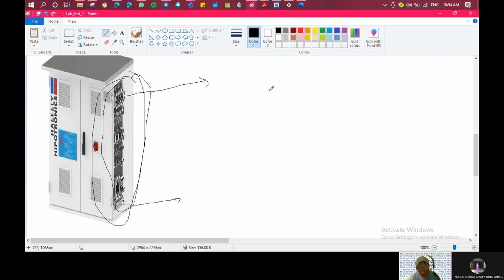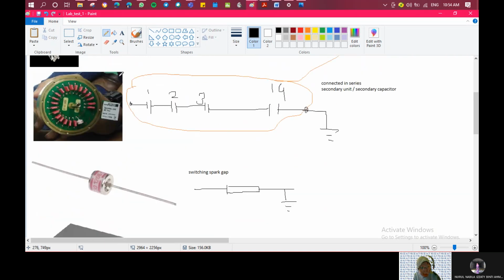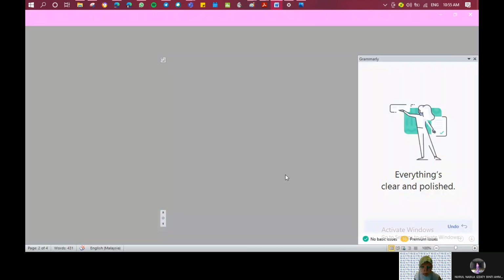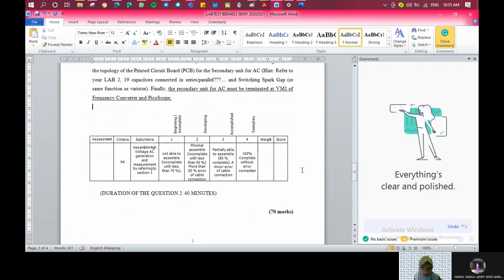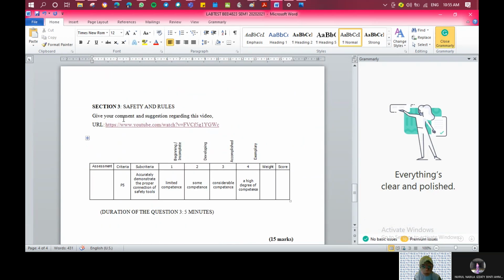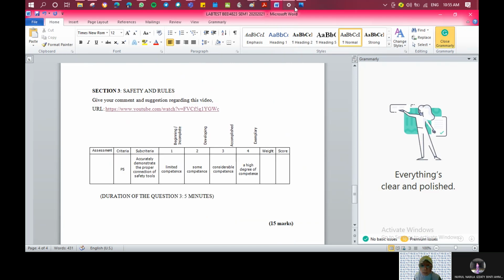But we will connect the secondary unit here, with the auxiliary cable somewhere here, and we will operate it through Picoscope software directly from the control room. So I think we're done for section 2, and we will move to section 3, safety and rules.